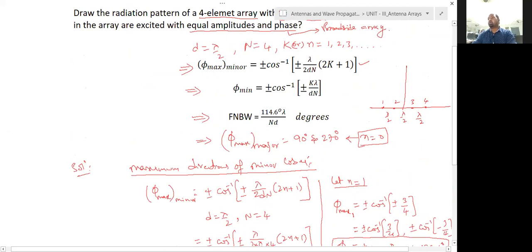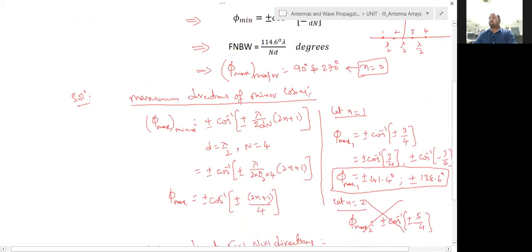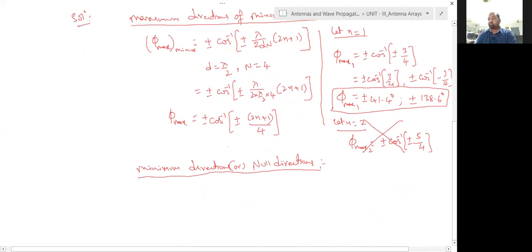Minimum directions: plus or minus cos inverse of plus or minus n lambda by dN. So this is the formula we have.